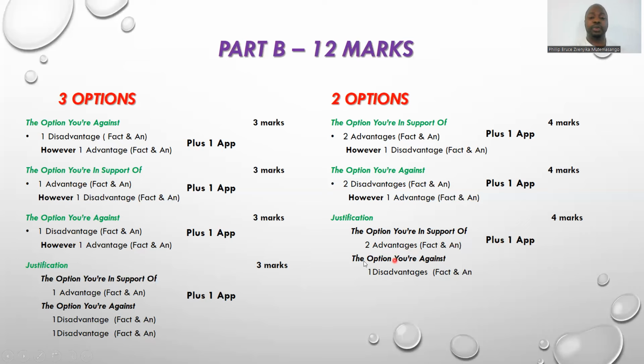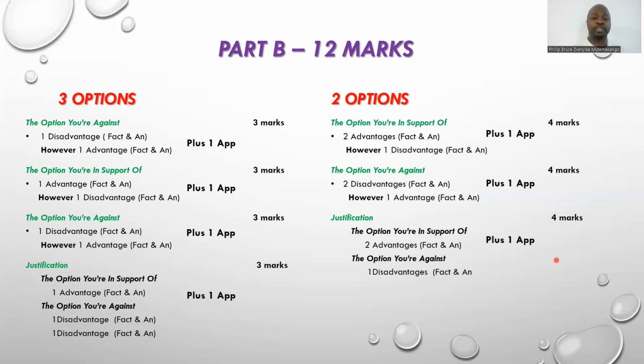And also you can go on as well to provide 1 drawback for that other option you are against. So this provides a good justification as to why you are rejecting the second option. So if you provide such a good justification, you are going to get full marks.